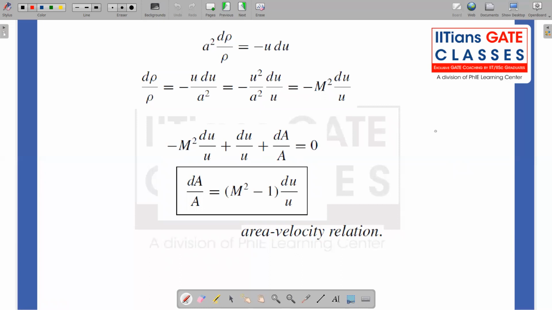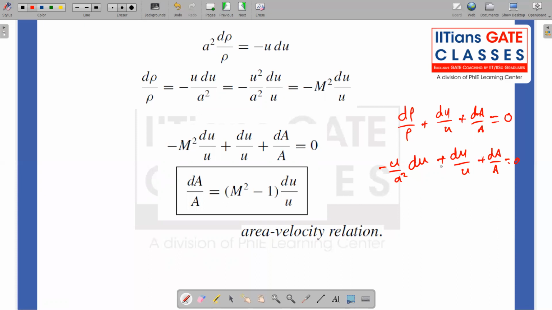Now looking back at my equation from continuity, d rho by rho plus du by u plus dA by A equals 0. I am replacing d rho by rho with minus u by a square times du, plus du by u plus dA by A. So now we got rid of one more term, and we express it only in terms of u and a.